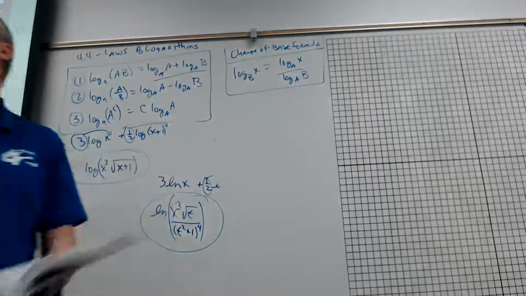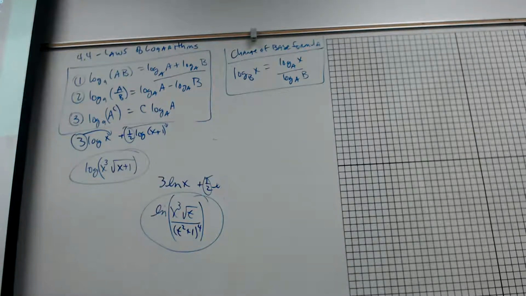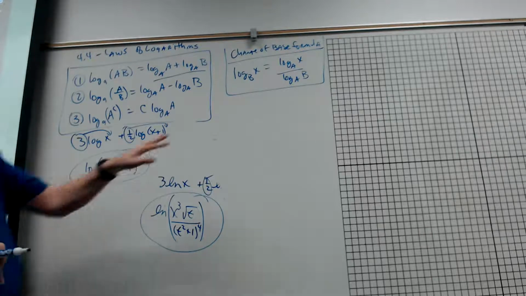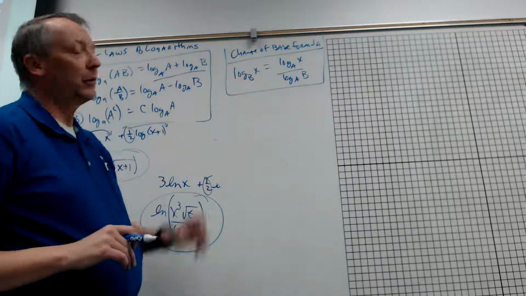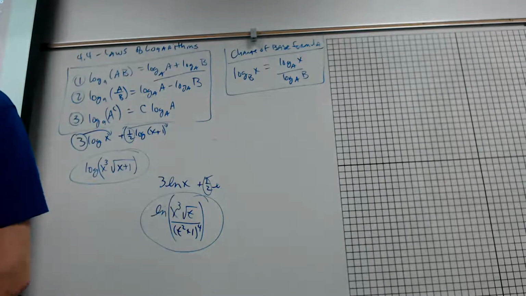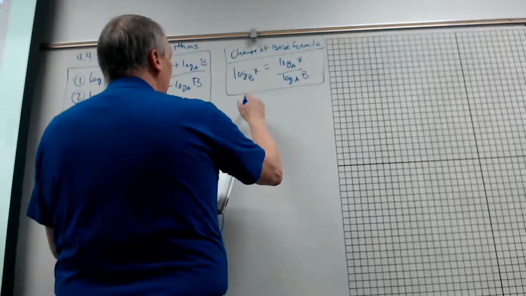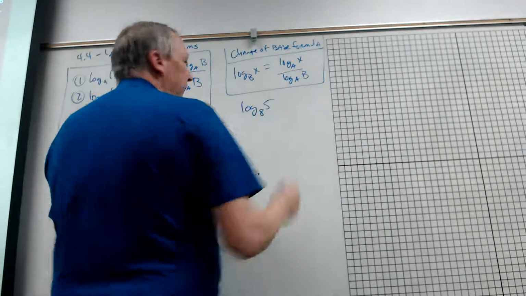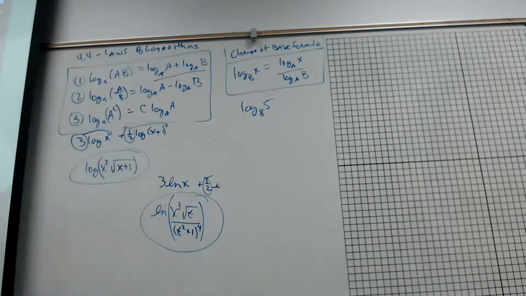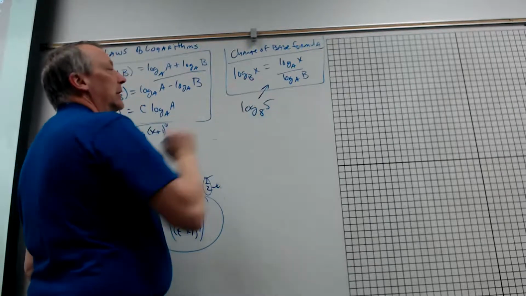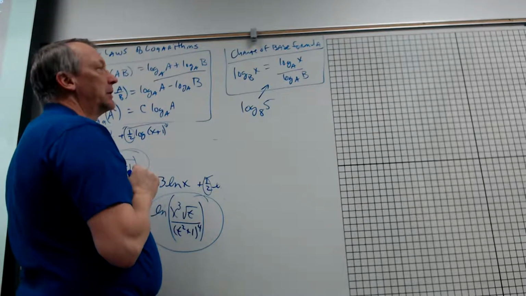Now, what's useful about that is on your calculator, you have base 10 logs and you have natural logs. For example, let me do a quick one here. I need to find log base 8 of 5. Some of you have calculators that are illegal to do that, but most of you should use this change of base formula.